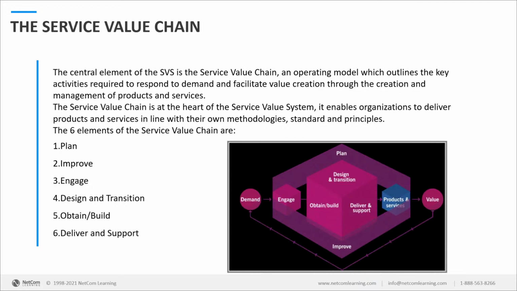What's going to be the sequence, or how exactly will the sequence be defined? That's going to be based on the scenario. You're planning to design a new service altogether? The sequence of these 6 elements is going to be different. You're planning to improve something? The sequence is going to be different. Customer requested something?